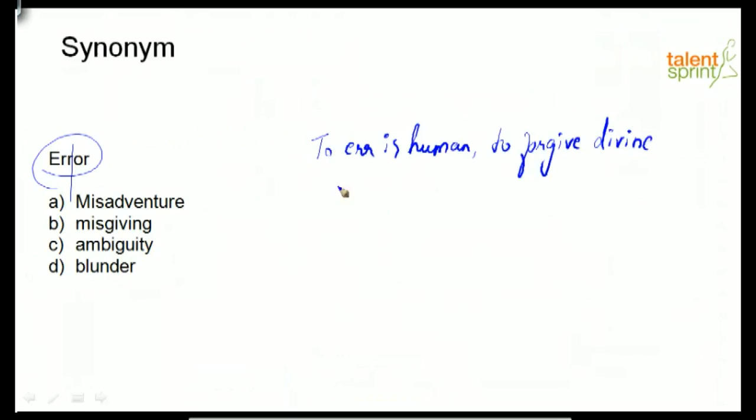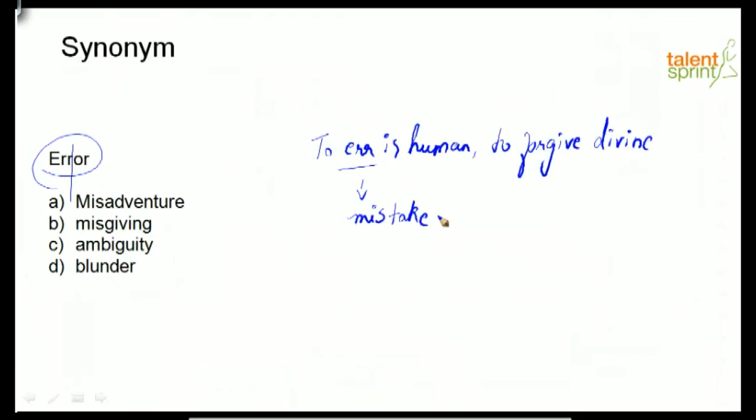So we understand from this expression that err means mistake. Right? So as humans, we tend to make mistakes. So having said that, let's understand the options that we have. So what do we have? Misadventure. Right?